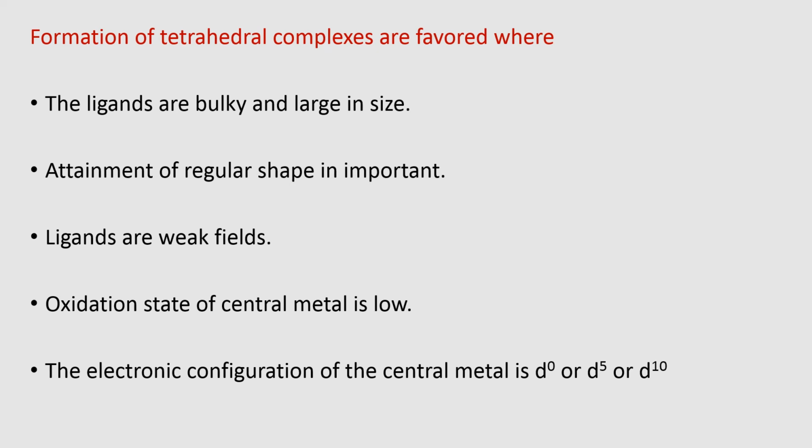What are the prerequisites, or what characteristic properties lead to the formation of tetrahedral complexes? The ligands are bulky and large in size. If the ligands are bulky and large in size, they may lead to tetrahedral complex formation.